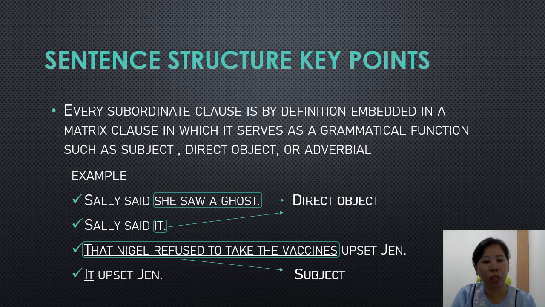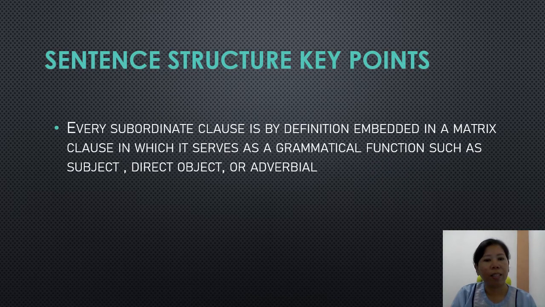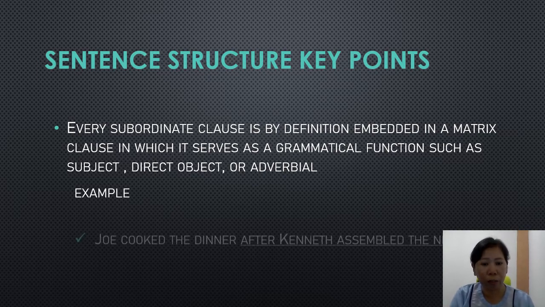It upset Jen, it as the subject. Now, every subordinate clause is by definition embedded in a matrix clause in which it serves a grammatical function such as subject, direct object, or adverbial.